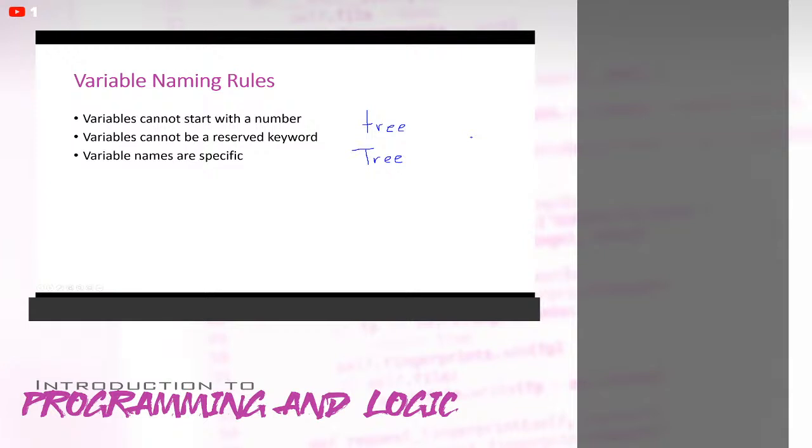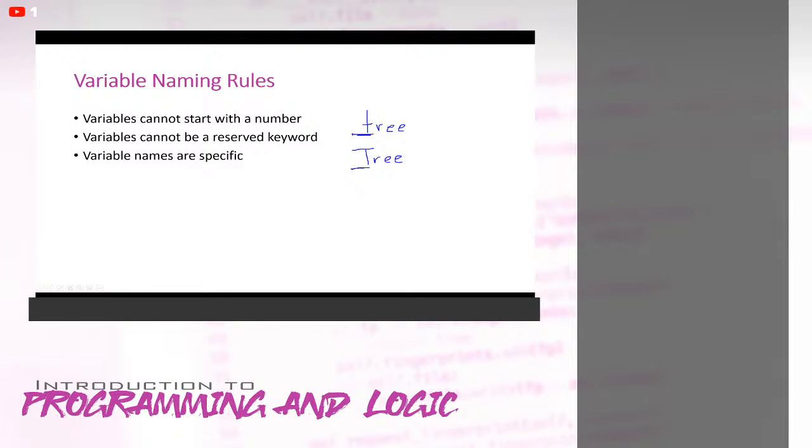It doesn't recognize letters in the same way we do. It recognizes letters based on their value on the ASCII chart. And so this letter T, the uppercase T, has a different value on the ASCII chart than our lowercase t. So these are two completely different letters.